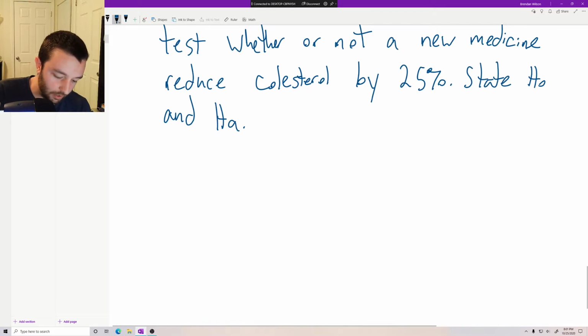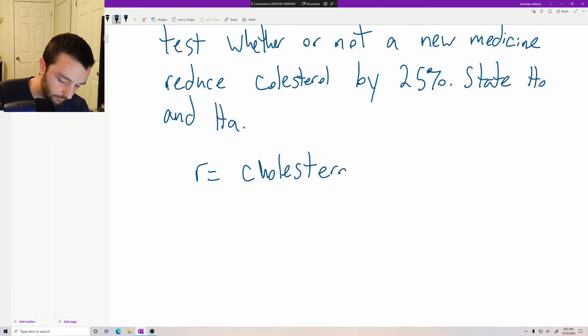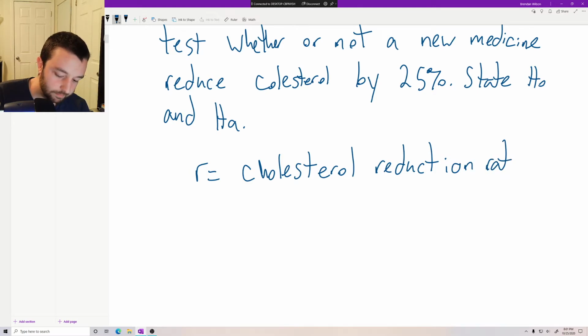Anyway, let's call R the cholesterol reduction rate. Okay.